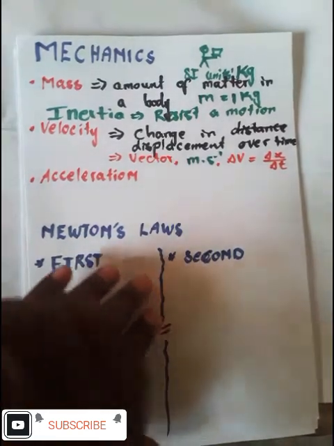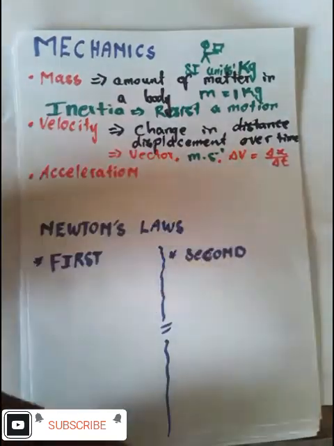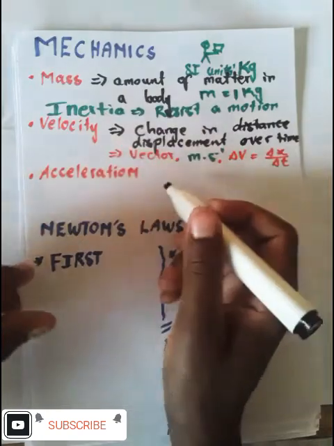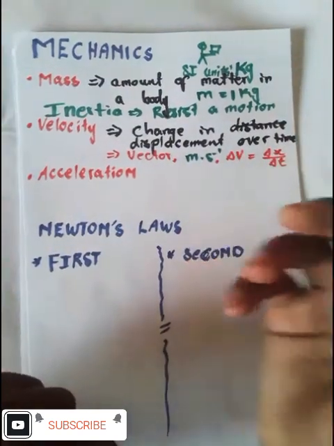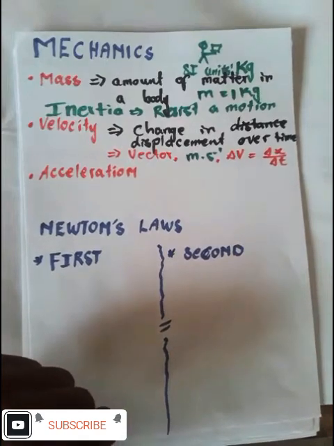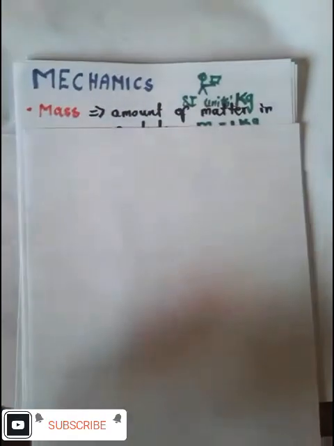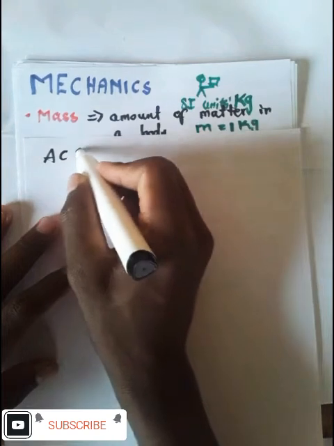And let's go to acceleration. Acceleration is the same as velocity, but this time we're talking about the acceleration. If we're saying that an object is accelerating, let me just show you an example for the concept of acceleration.